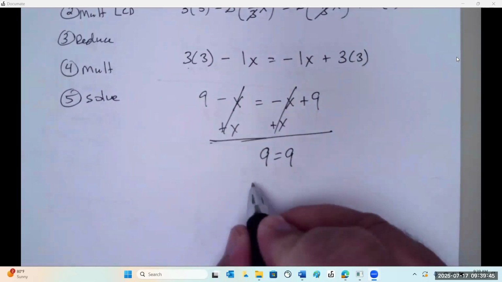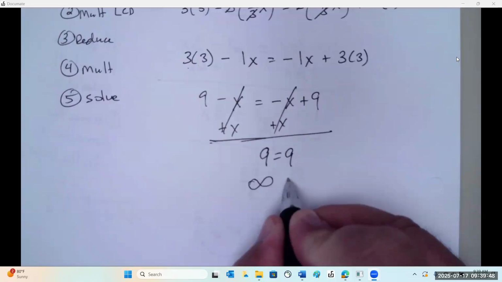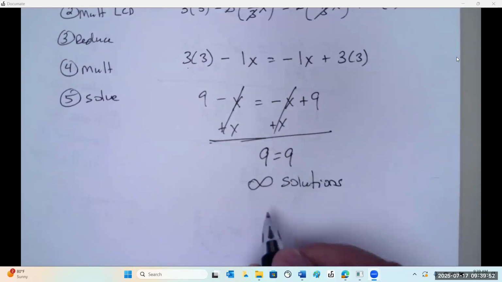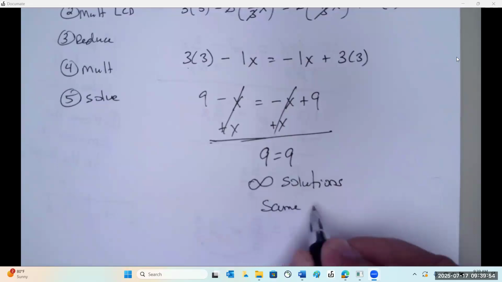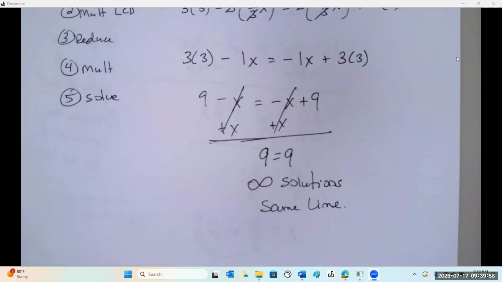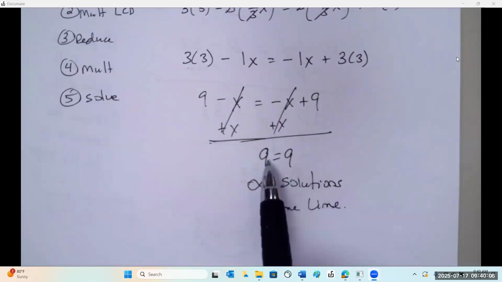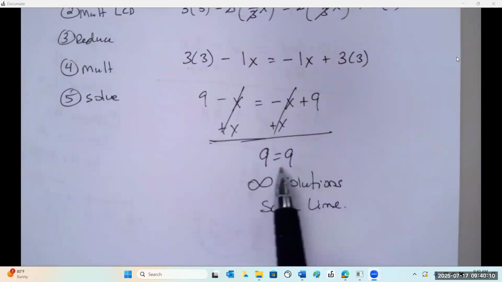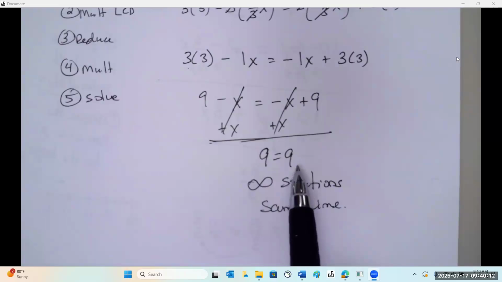So it tells us we have an infinite number of solutions because they're the same line. So if you get to a point where all the x's disappear and both sides are equal, then you have an infinite number of solutions.